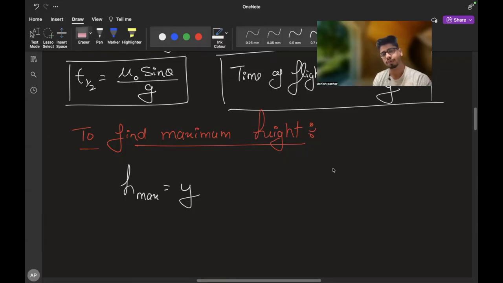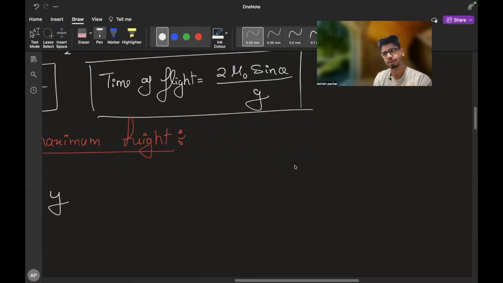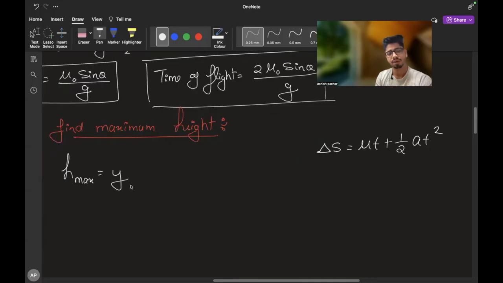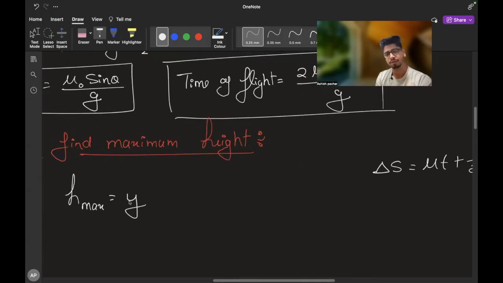So hopefully you're aware of these equations. Let me write it for a moment. The change in displacement, delta S, is equal to ut plus half at square. But right now, as we are solving for vertical velocity components, I'm going to write the change in the vertical direction, that is the y height only.